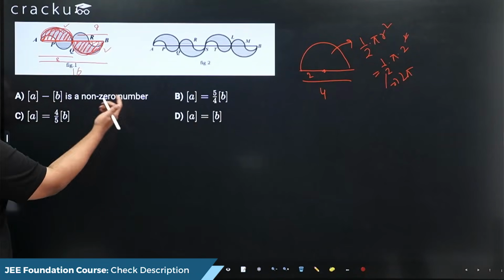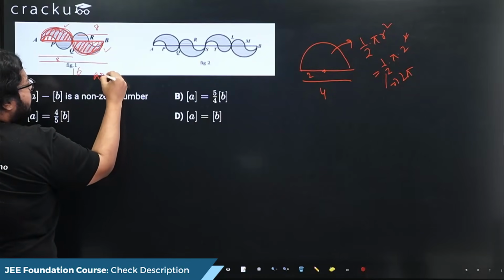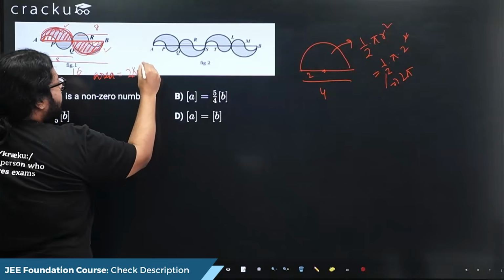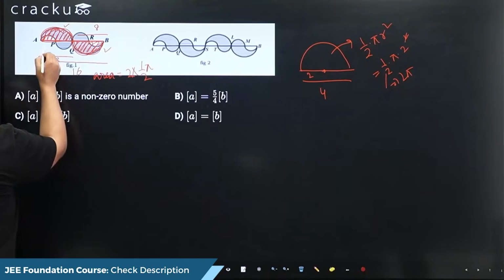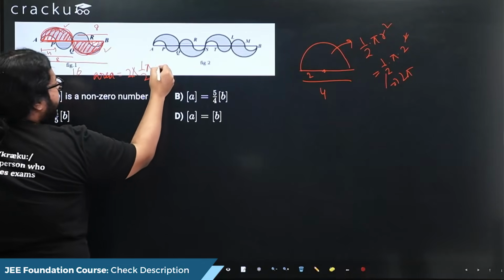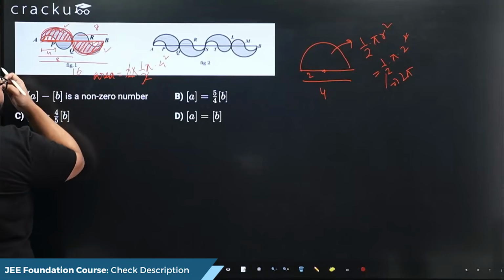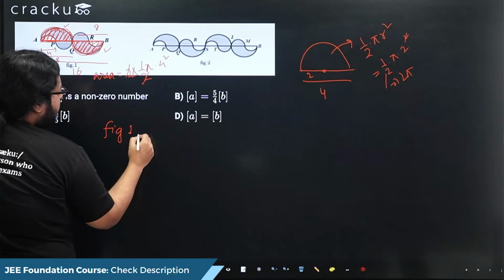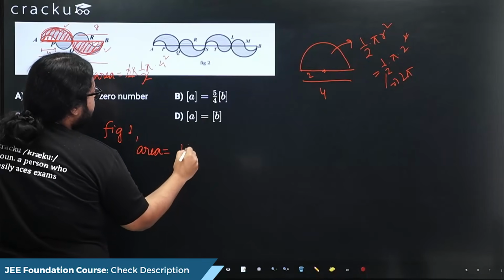So I can basically say that for this one, the area is going to be 2 into half pi r square. And now if this is 8, which means the radius is 4. So pi 4 square. So essentially for figure A, figure 1, the area is basically 16 pi.